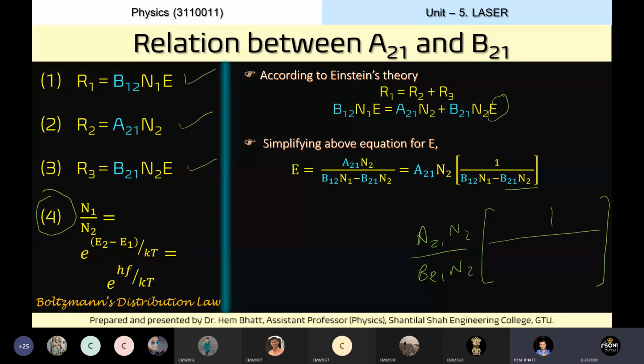What should be the denominator? 1 minus B12 N1 upon B21 N2. Okay. So B12 N1 upon B21 N2 ખાલી એટલું જ છે? -1. Very good. તો એ સ્ટેપ લખી નાખો. Write down that step in your book.